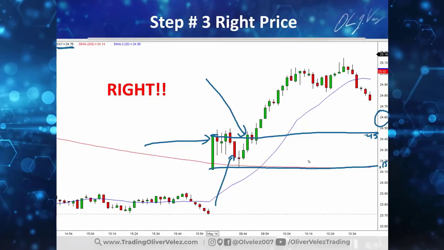So if I take these numbers into account, this is a 25 cent, this is a 30-cent difference. Based on 100 shares, I would lose only $30.